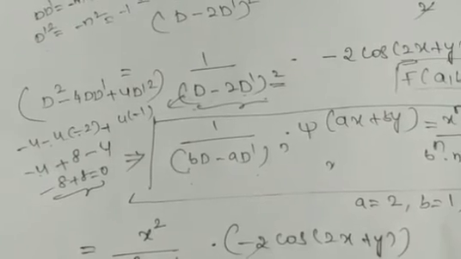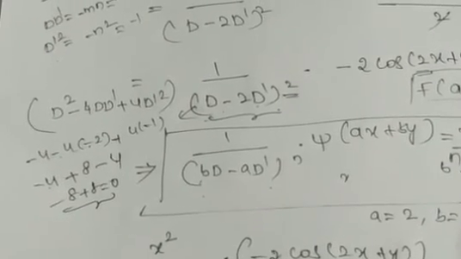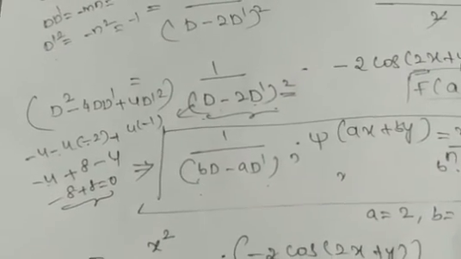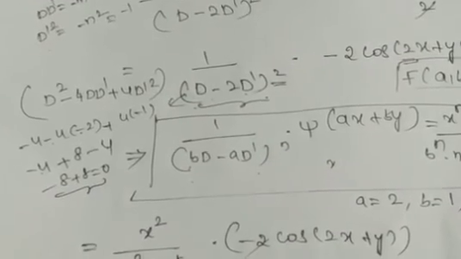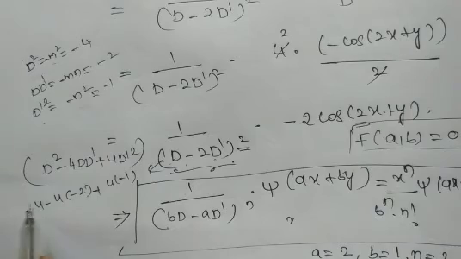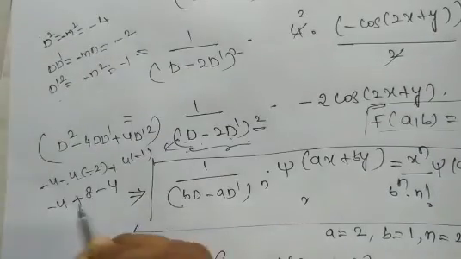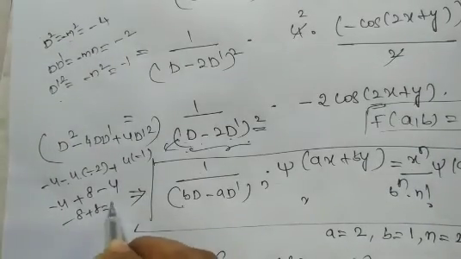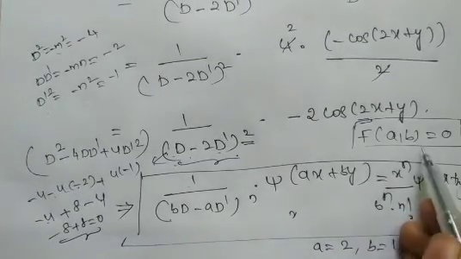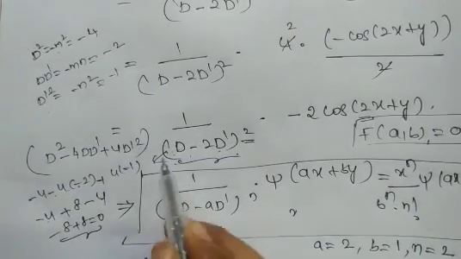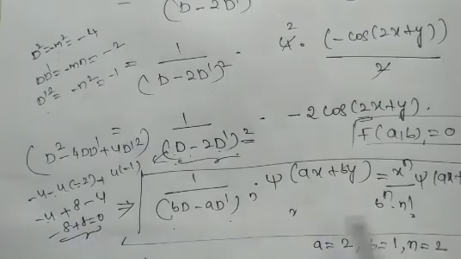By substituting these values here, we get the value, that is f of D comma D dash equal to 0. So minus 4 minus 4 into minus 2 plus 4 into minus 1, so here minus 8 plus 8 is 0. So f of a comma b value is 0. So that's why here I am using this formula.